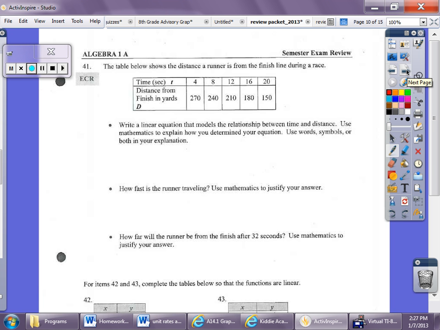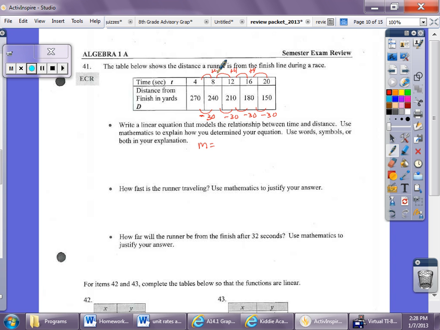41. The table below shows the distance a runner is from the finish line. Write a linear equation. Well, to find our linear equation, we need to find our slope. So we know that our y value is going down by 30, and our x value is increasing by 4.